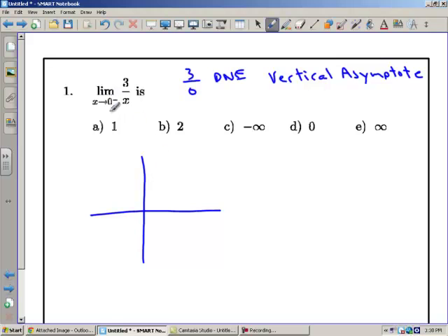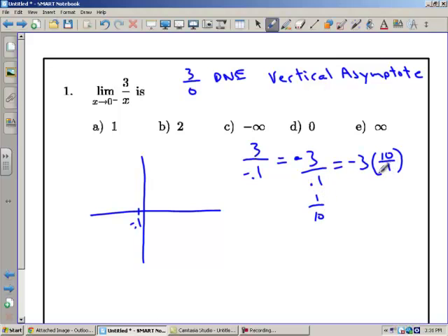I have to figure out what to do. So here's what I'm going to do. I am going to plug in a number close to 0 from the left. Now, a number close to 0 from the left is like negative 0.1. And I'm going to plug it in to figure out where the graph is heading. Well, 3 divided by negative 0.1 is a negative huge number, because 3 divided by 0.1 is actually 3 times 10 over 1, because 0.1 is 1/10.